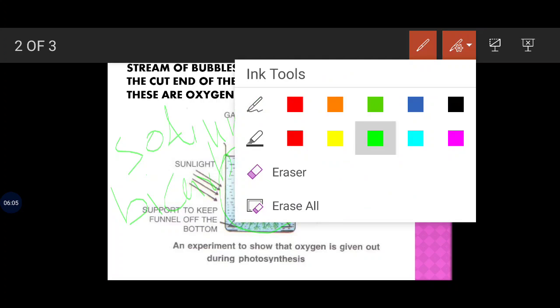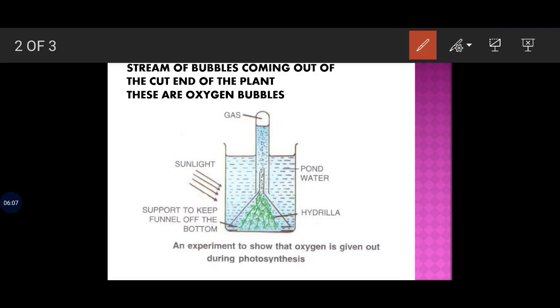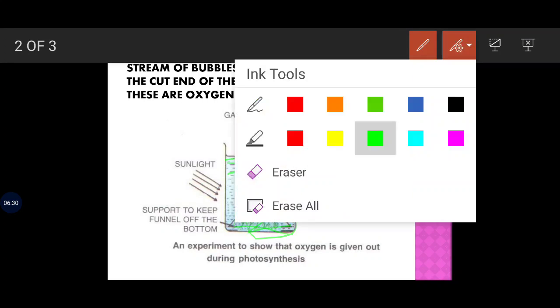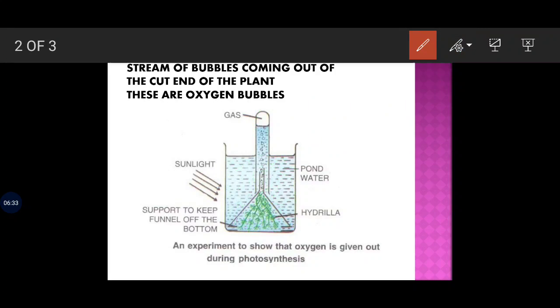Now, we have arranged this whole setup in such a way that the hydrilla plant is covered with the funnel at the bottom. The cut stems are towards the stalk of the funnel, the neck of the funnel, and this neck of the funnel is again covered with this test tube, and everything is dipped inside this beaker. You may see the level of the water in the beaker, and the whole thing is dipped into it.